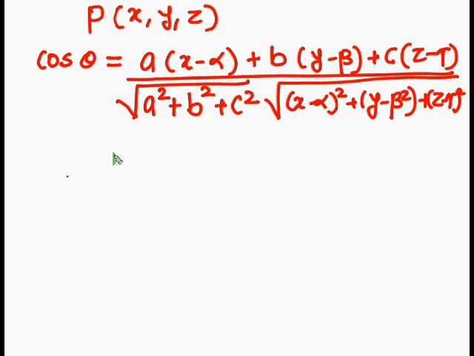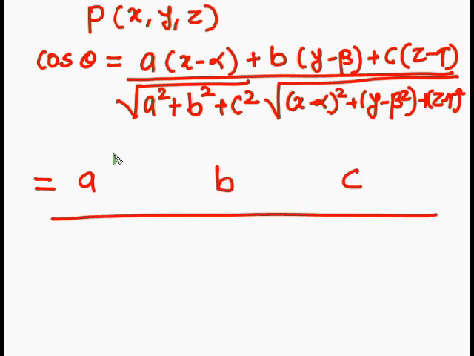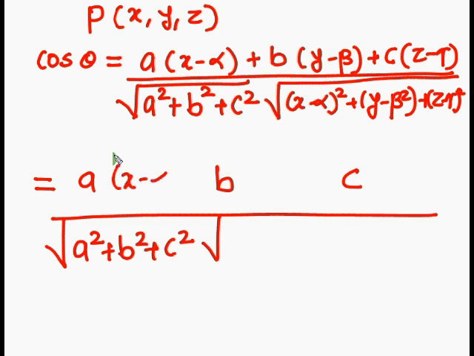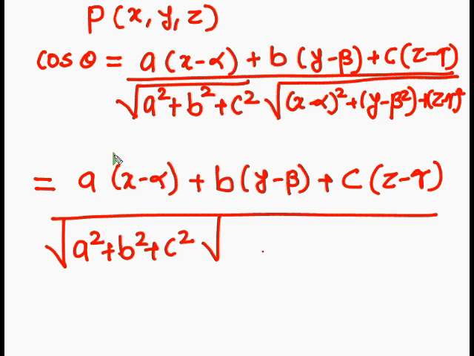Now how to remember this formula? Let's see once again. It is a, b and c divided by square root of a square plus b square plus c square into square root of x minus alpha square plus y minus beta square plus z minus gamma square. In the numerator, we have to multiply a with x minus alpha, plus b with y minus beta, plus c with z minus gamma.